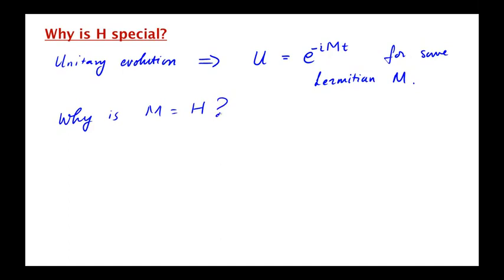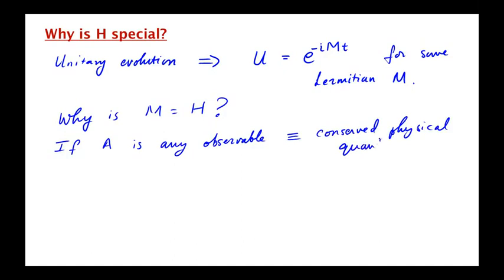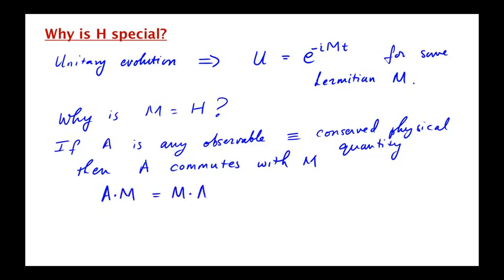Okay, so what this relies on is a theorem which says that if A is any observable corresponding to some physical quantity, so if A measures some physical quantity that's conserved, meaning, for example, A corresponds to momentum or angular momentum or energy, it's some quantity that's conserved over time, then A must commute with M. Meaning that A times M equals M times A. Right?